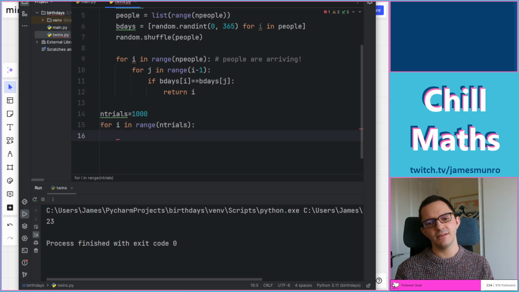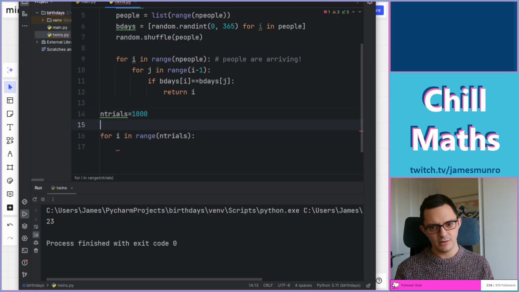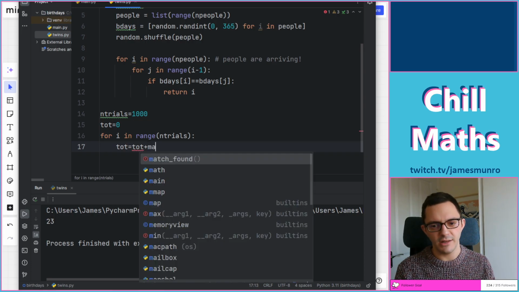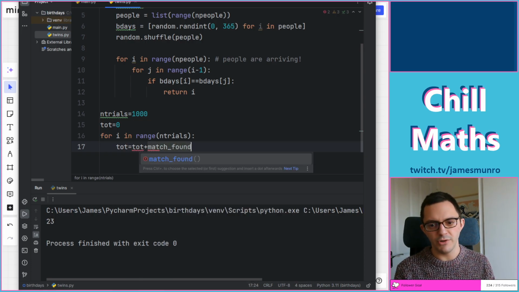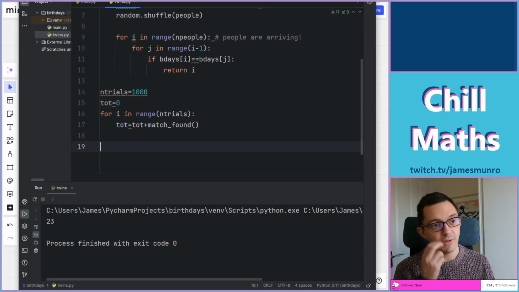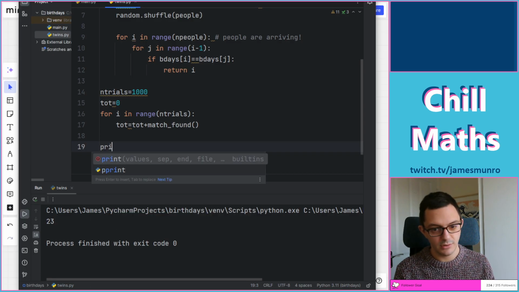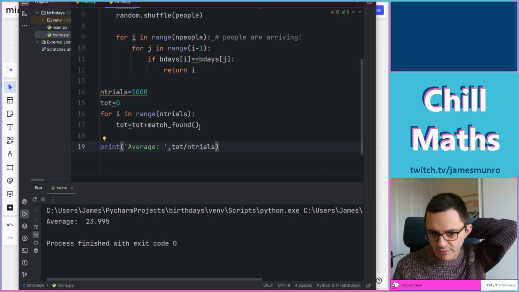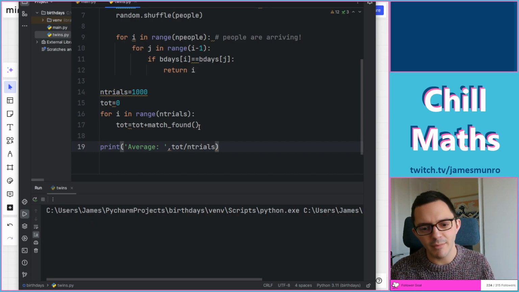Something like start the total at 0 and do an add-on of what you see when you do a match found thing, and then what I want to know is something like that total divided by n trials for some sort of average value. Yeah, which is more like 24, but I think I might be out by 1.